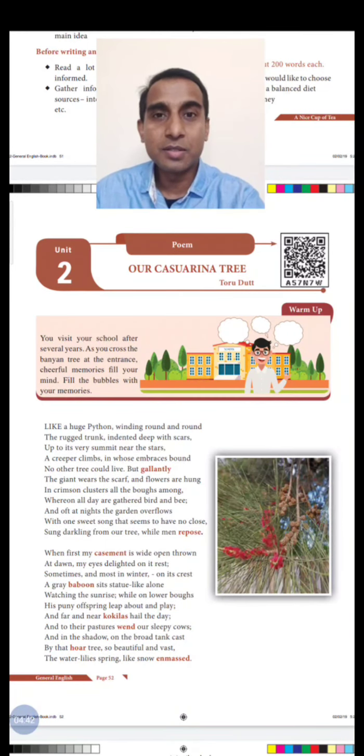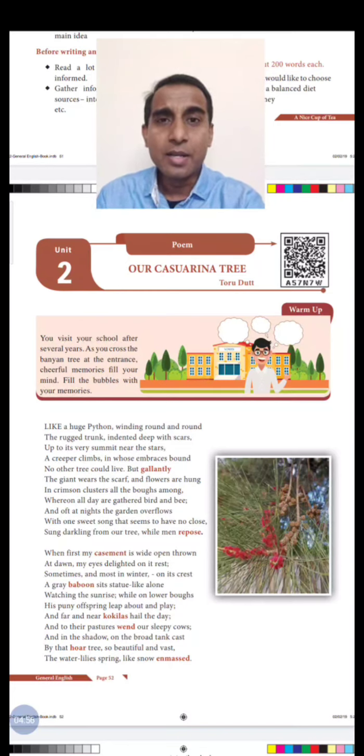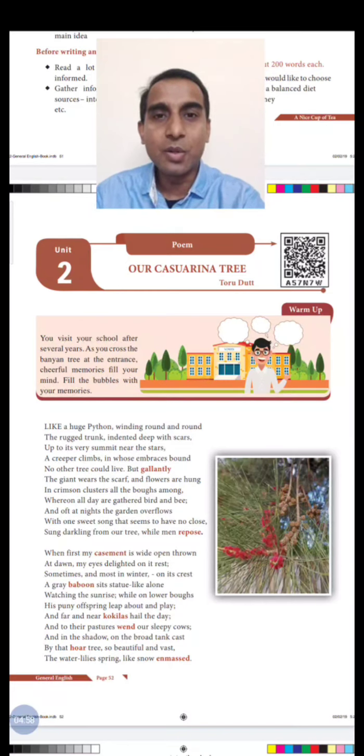Sometimes human beings give us these memories, but even non-living things and trees also give us memories. So one such tree is our Casuarina tree for Toru Dutt. This tree is giving her that nostalgic thought of her childhood days. She and her family and friends used to play with that Casuarina tree.